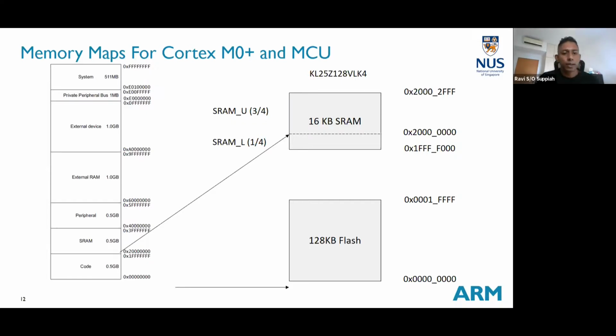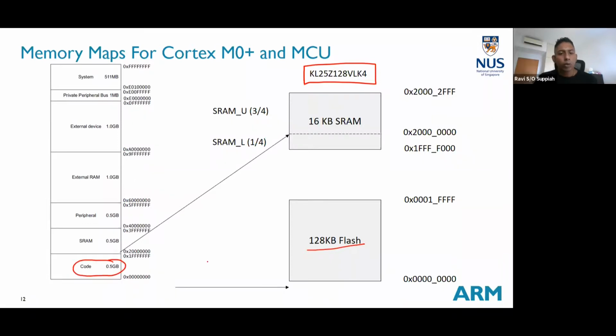In this case, you can set aside 128 kilobytes of flash memory. That is the amount of memory available inside our KL25Z board, but the amount of space available for storing code is actually half a gig.